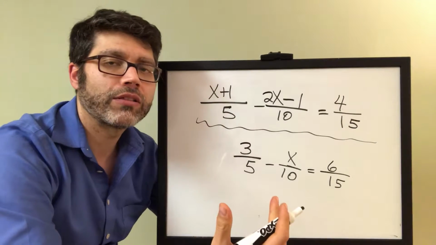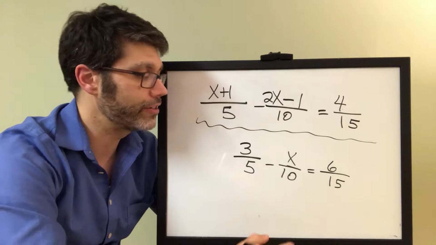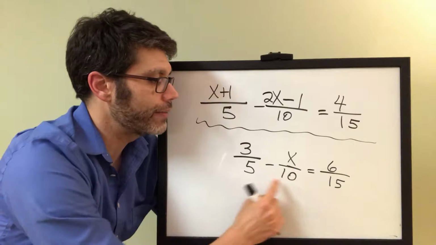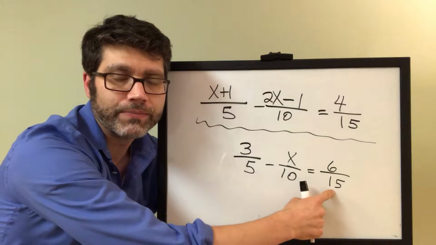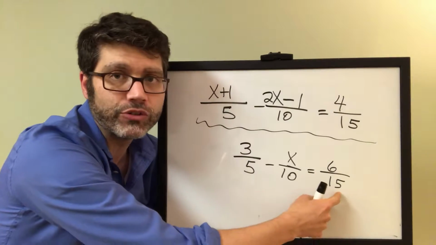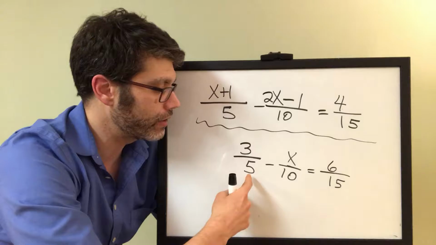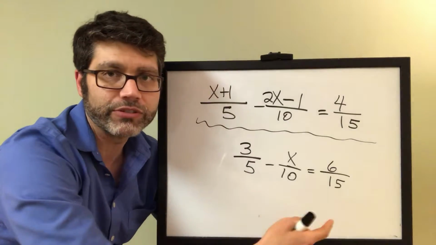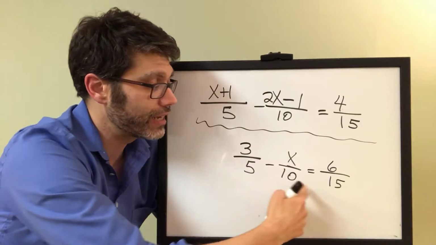The way that I like to think of finding a common denominator is I look at the largest denominator, in this case it's 15, and I see if the other denominators can go into 15. Meaning, are 5 and 10 factors of 15? 5 is a factor of 15, but 10 isn't.